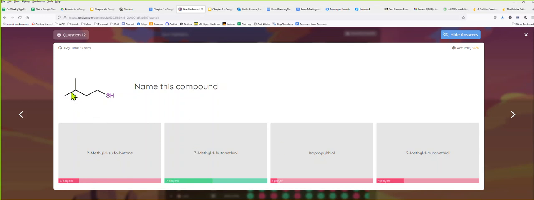I thought somebody might see this and think isopropyl or something. And 2 methyl, maybe started counting from this end. I'm not sure. But again, you start with that primary functional group. Did that answer your question?